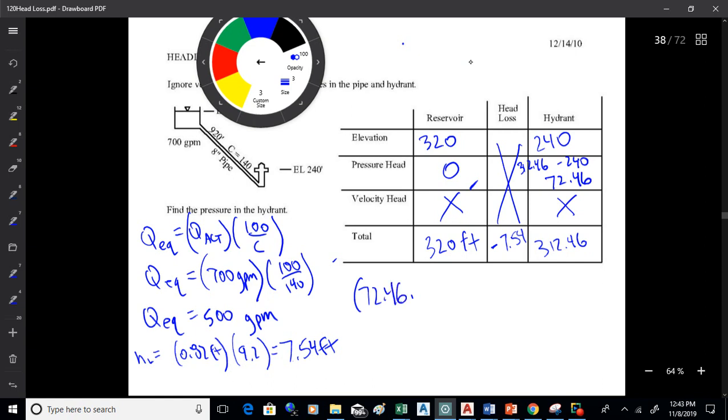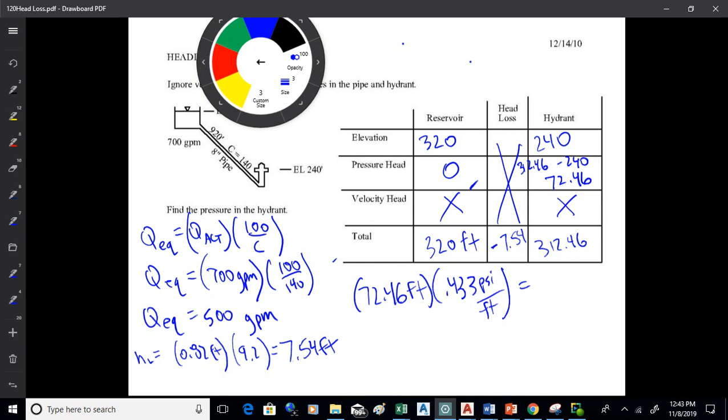We'll take 72.46 feet and convert that into PSI. Multiply that through, and we get 31.4 PSI. So it's real similar to the one we did where C's 100. We just have to modify how we find the head loss.